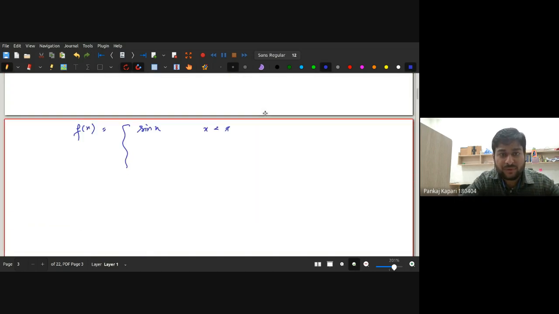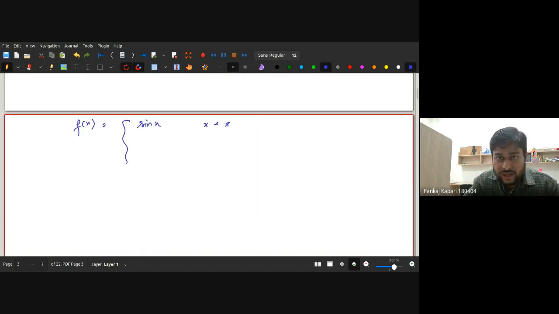So this is our function: sin x when x is less than pi, and mx plus b if x is greater than or equal to pi, right? And it's given that f is differentiable at x equal to pi.